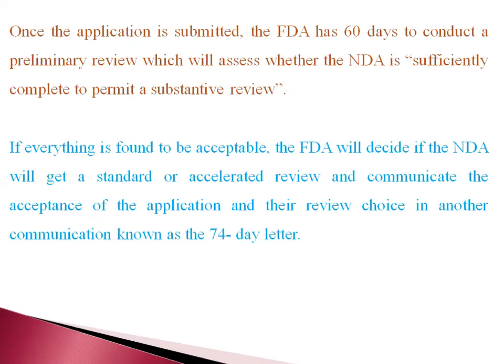If it is found to be okay, they will approve the same. They will communicate to the sponsor regarding the same, and they can again review the same documents 74 days later.